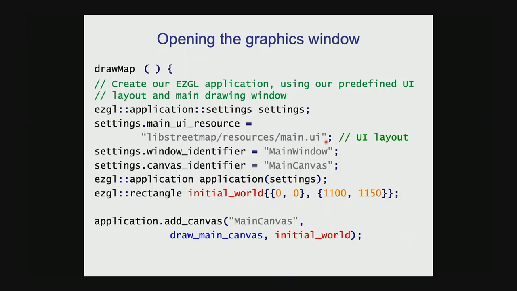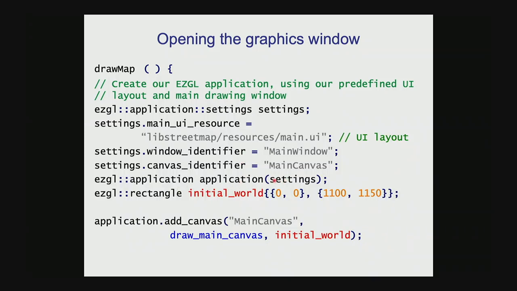This UI file is basically an XML file that is human readable, and we predefine some buttons for you and a specific layout for the window that you will work on. Now you're free to change this, and that's part of the extra feature, but the initial layout is under the main.ui. Okay, and then you provide the name, an identifier, for your main window and the main drawing area, which is what we call the canvas.